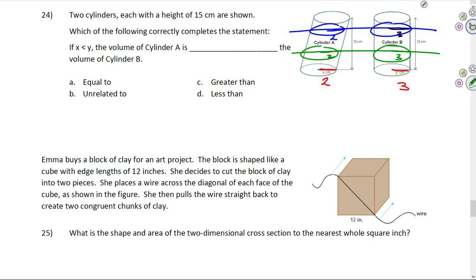And so if at every cross-section, as you go up and down, every single cross-section of cylinder A is less than the cross-section of cylinder B, then as you add them all up, the volume of cylinder A will be less than the volume of cylinder B. Okay, it is the same as this sign right here, but it has to do with cross-sections and Cavalieri's principle.